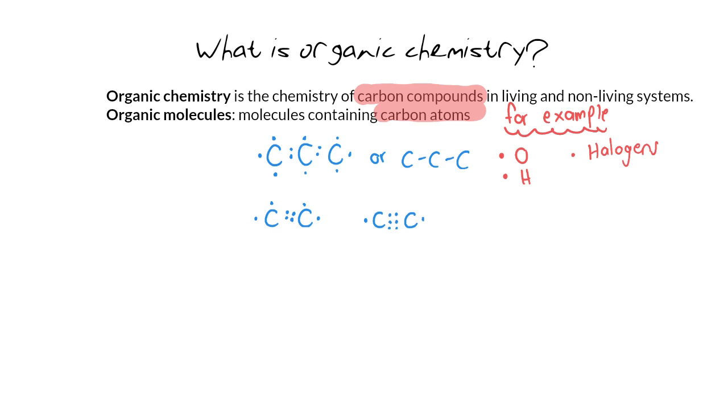Now remember, we said that these organic molecules can also consist of other atoms, for example, oxygen, hydrogen, and my halogens. Let's say, for example, I take hydrogen. Hydrogen has 1 valence electron, so I can bond this hydrogen to this carbon over here, and another one to this carbon over here, and another one over there. So I can do this all over.